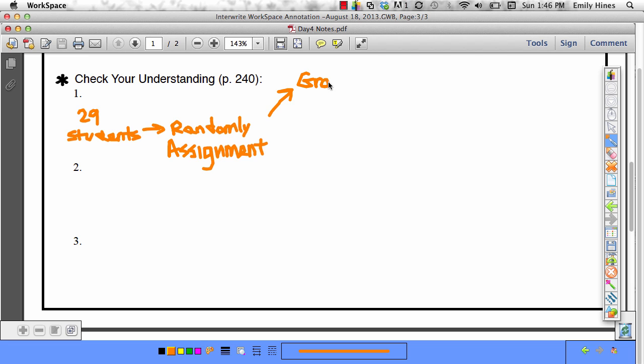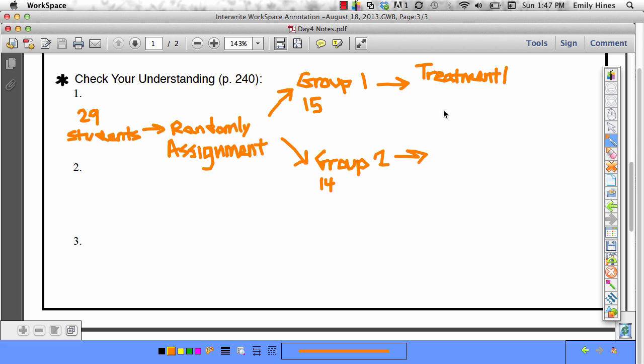I'm going to put 15 in group 1, and in group 2 I'm going to put 14, and I could either say what my treatments are, or I can make another place in my chart that says treatment 1 is small group and treatment 2 is alone. Then after the treatments are applied, I compare.